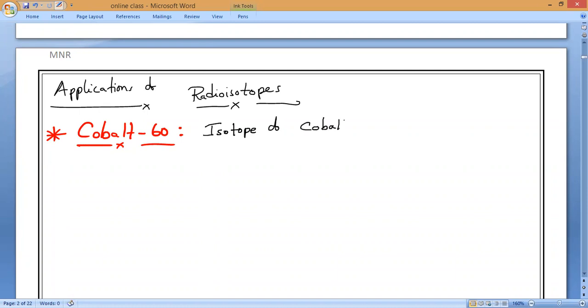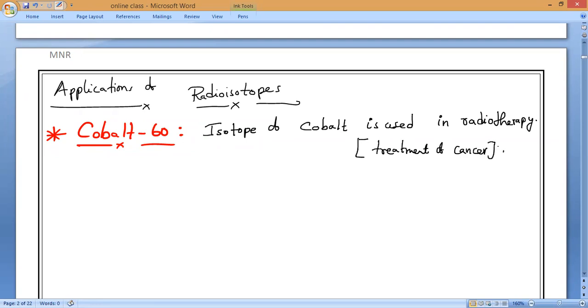Have you heard about it? Radiotherapy means treatment of cancer. Cancer patients, you might have heard this word. An isotope of cobalt is used in radiotherapy. Very, very important thing nowadays.